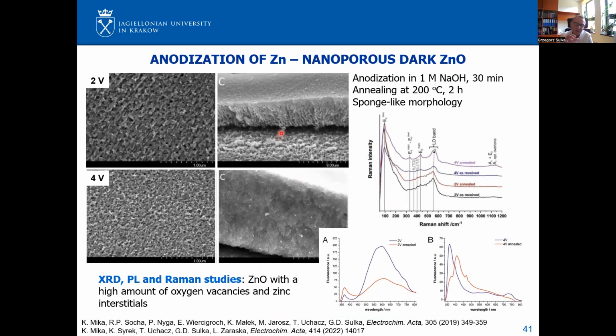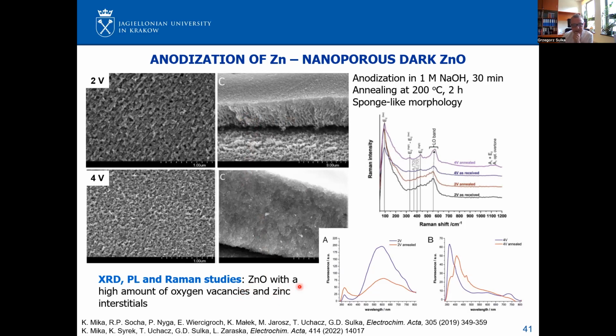Finally, we were also successful in generation of nanoporous zinc oxide by changing the conditions. And we observed some spongy-like morphology of oxide, a more or less continuous layer. We studied a lot of properties of the oxide layer because it's still the question which effect is responsible for the dark color of that oxide.